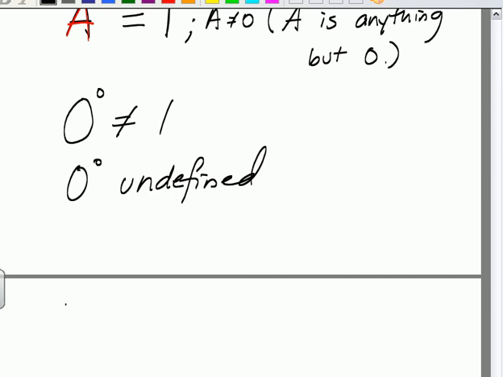If I have 5x all to the 0, do you recognize that it doesn't matter what we have inside that parentheses? So we've got an exponent of 0. The question is, what does that exponent apply to? Those parentheses indicate that it applies to everything in here. So that's anything. 5x is anything, so the answer is 1.